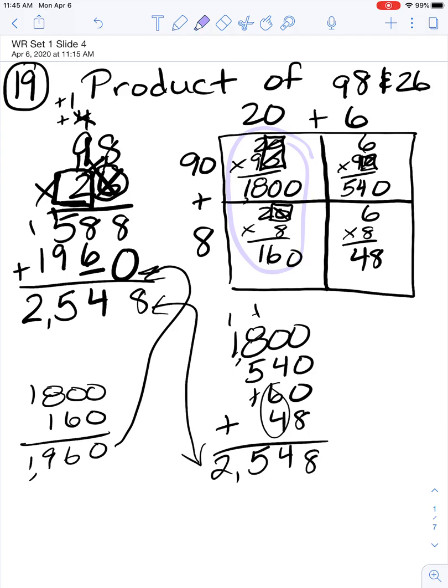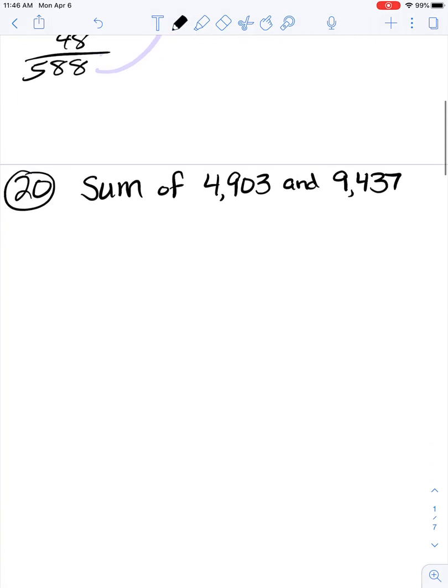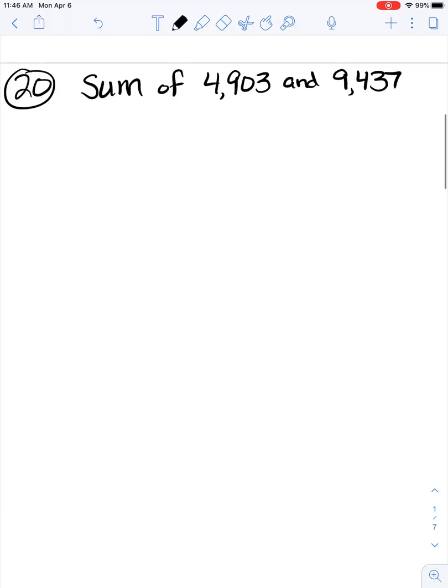And if I would have taken these two, I would have gotten that partial product. So either way, our answer is 2,548. Remember, whichever strategy works best for you, I'm totally fine with.